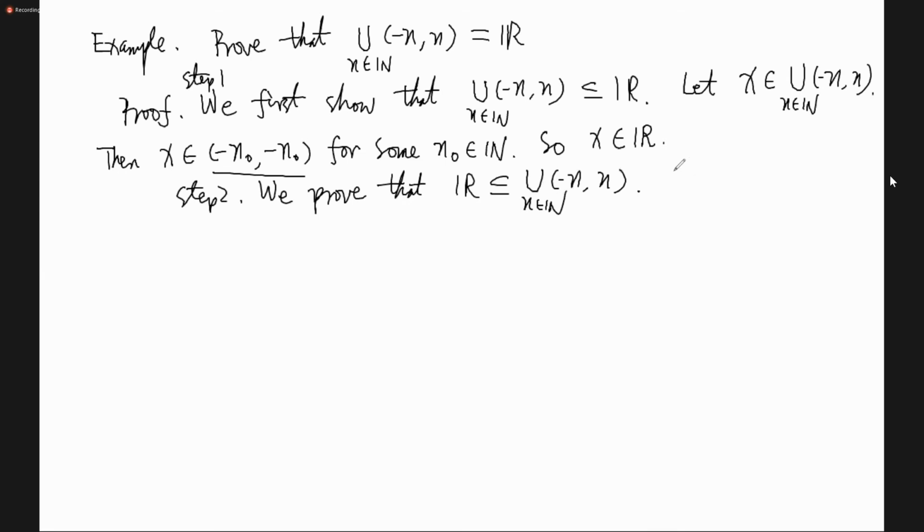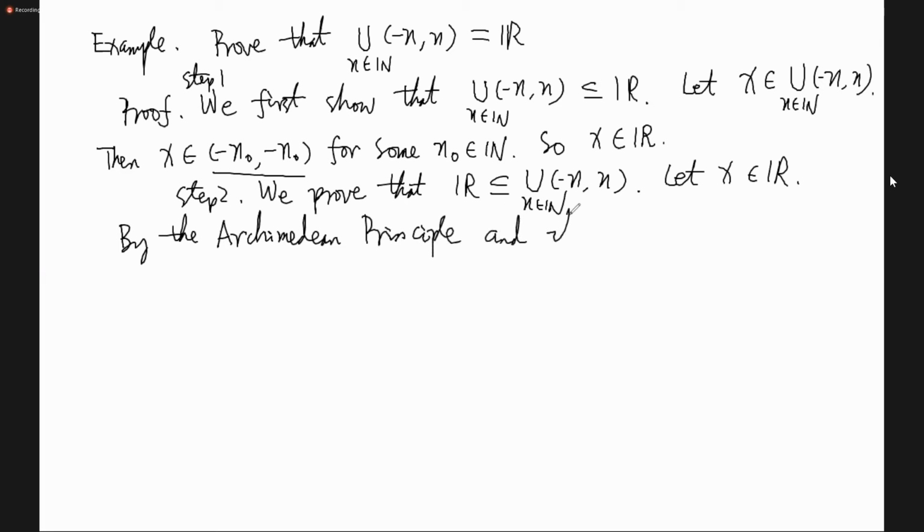So in this case, we'll take an arbitrary element in R. What we are going to use is, of course, the Archimedean principle and its corollary.